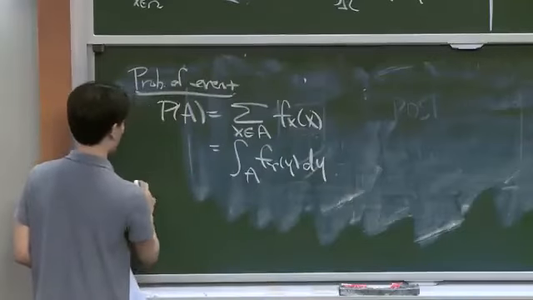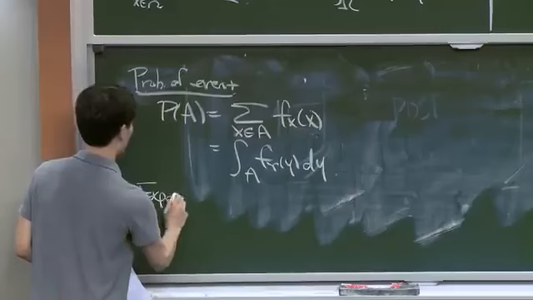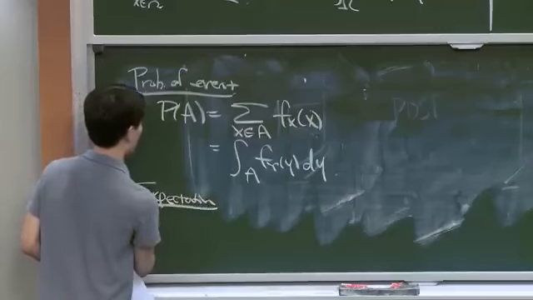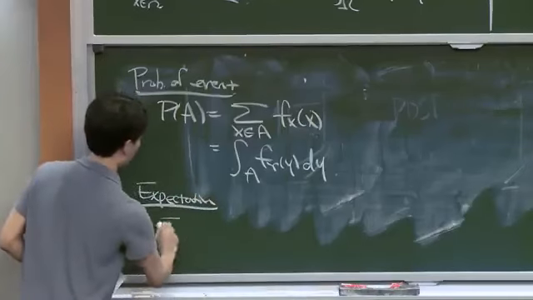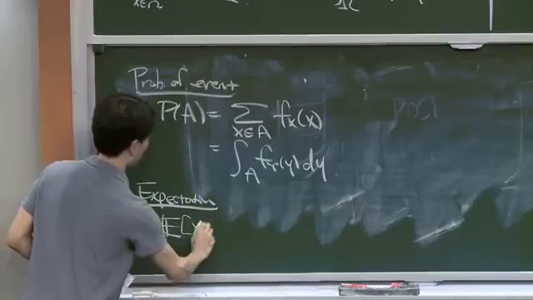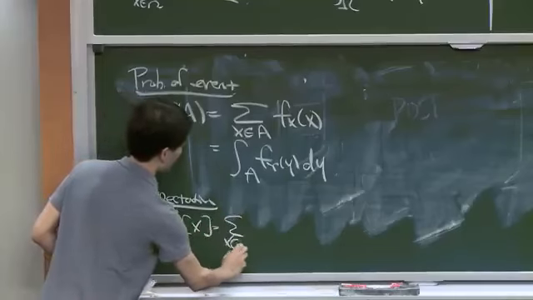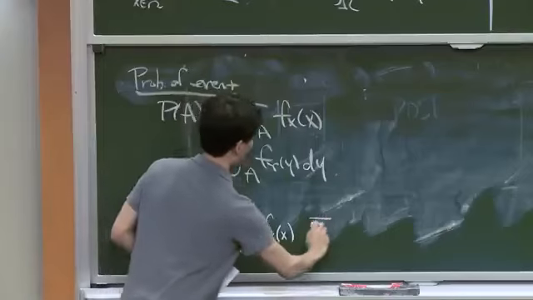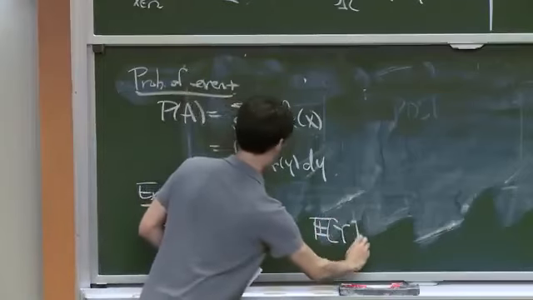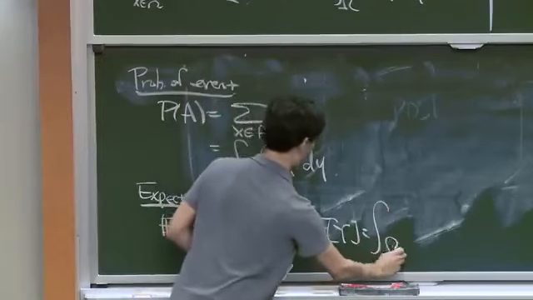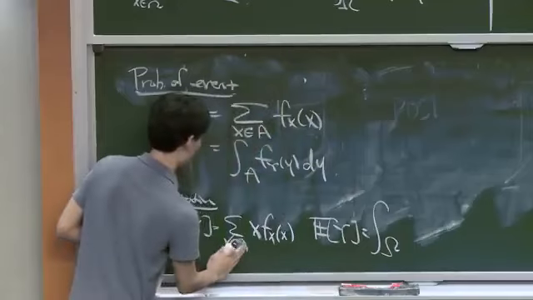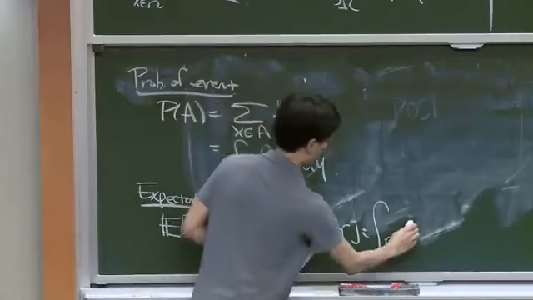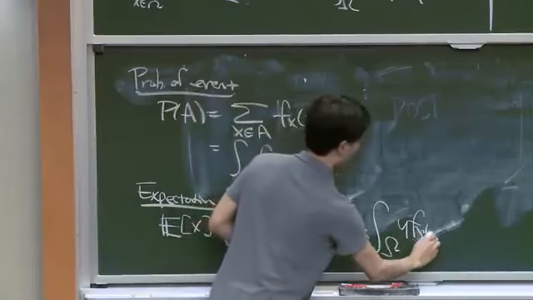And expectation, our mean: the expectation of X is equal to the sum over all x of x times f(x), and the expectation of Y is an integral over the space, y times f(y).